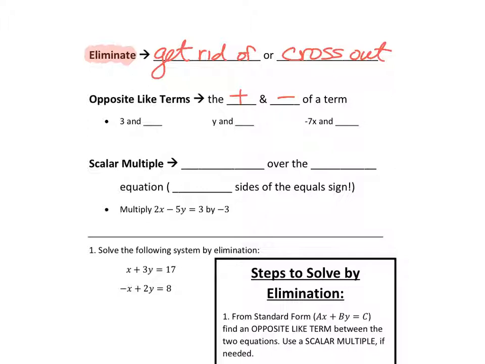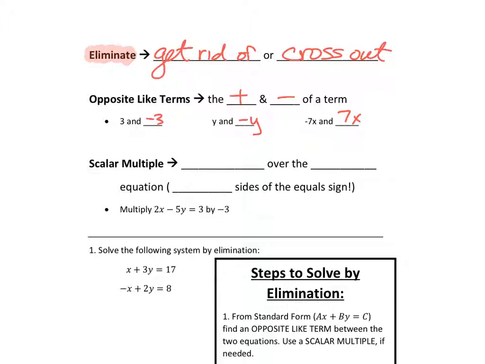So, for example, what's the opposite-like term of 3? Negative 3. What's the opposite-like term of y? Negative y. Just the positive and negative version. What's the opposite-like term of negative 7x? Positive 7x. We need to be able to identify opposite-like terms to be able to do elimination.